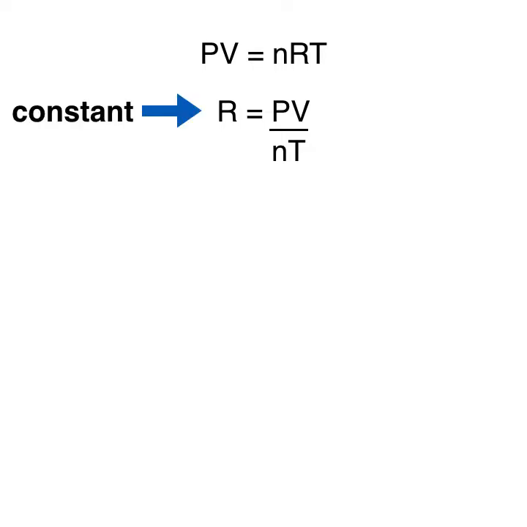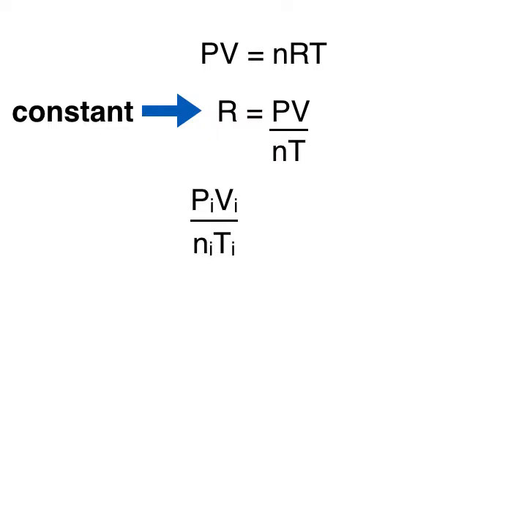Let's begin by writing down the ideal gas law. PV equals nRT. If we rearrange this equation to isolate R, we can see that R is equal to PV over nT. Since we know R is a constant, this means that PV over nT must also be constant.